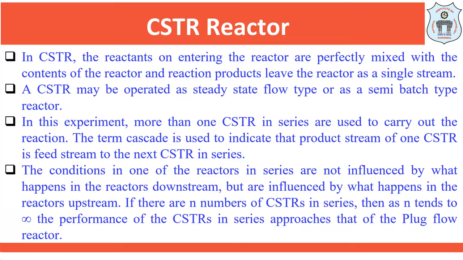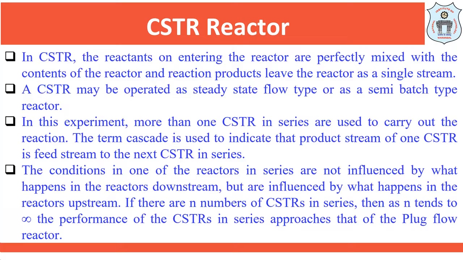Actually, if we have more than one CSTR arranged in series, we use the term cascade to indicate that the product stream of the first CSTR will be the feed stream to the second CSTR, and the product stream of the second CSTR will be the feed for the third CSTR. So the final product stream is coming out of the third reactor.